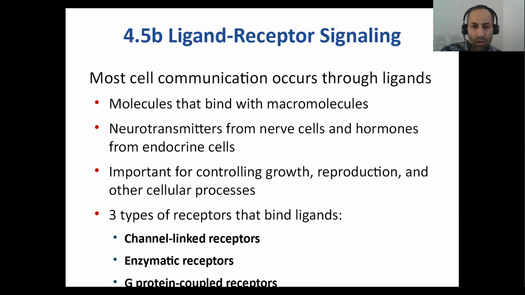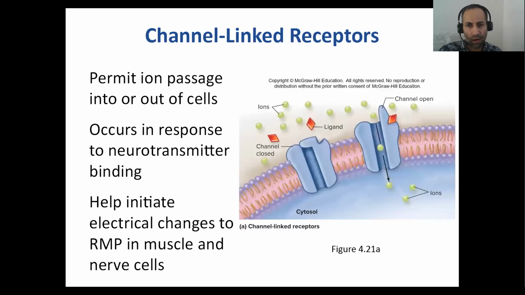They talk to each other using these molecules or neurotransmitters called ligands, all right? And there's three types of receptors that do this binding that are called channel-linked receptors, enzymatic receptors, and G protein coupled receptors, all right? So what are channel-linked receptors? As you can see here, receptors that are attached with a channel.